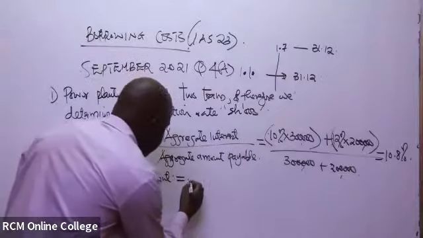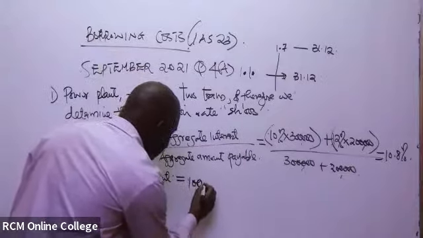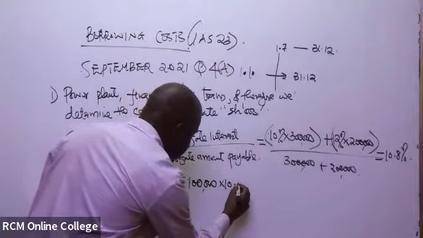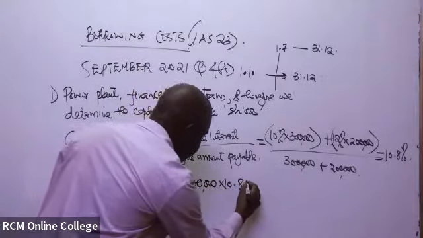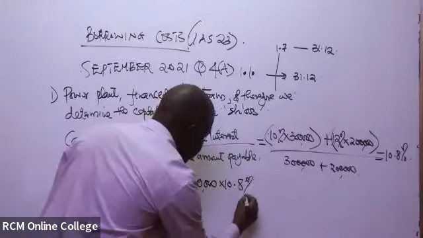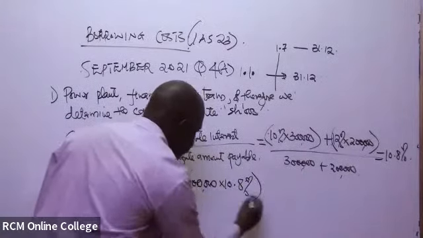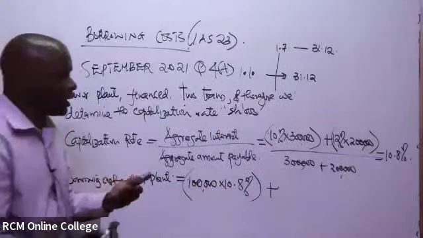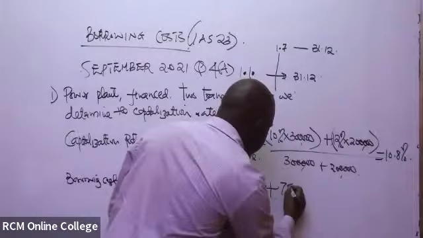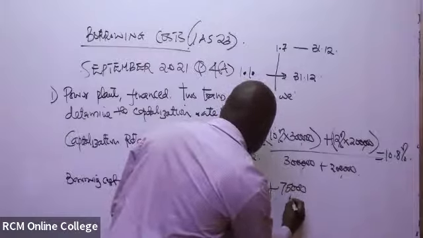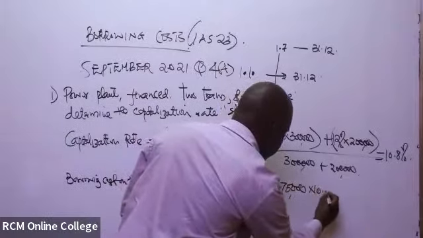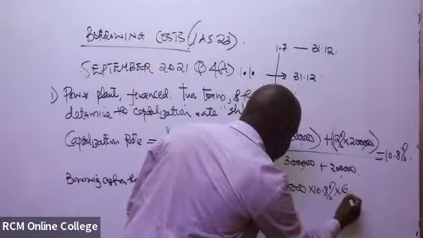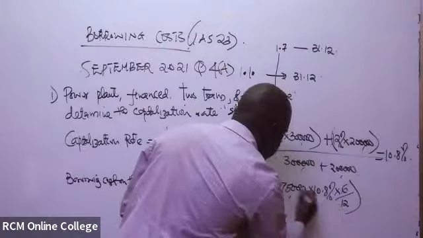You'll take the 100 million, multiply by 10.8%, plus the other amount that was from the middle of the year. It was 75 million. So 75 million multiplied by 10.8%, but now it was for half year. You have to multiply by 6 out of 12.